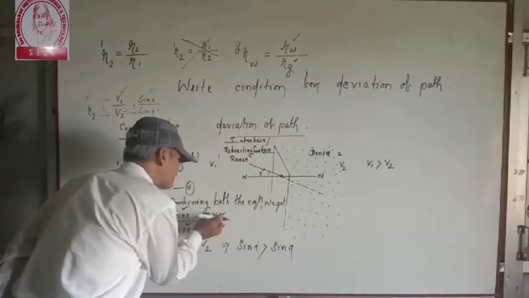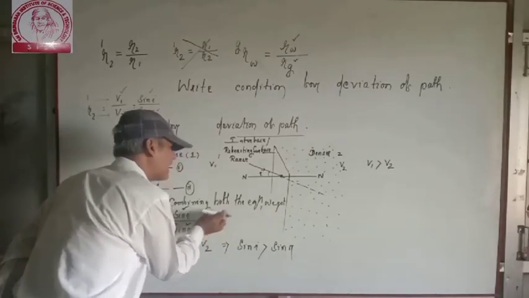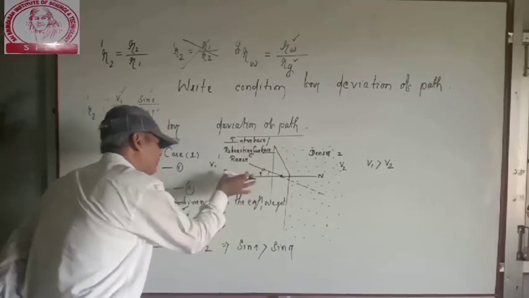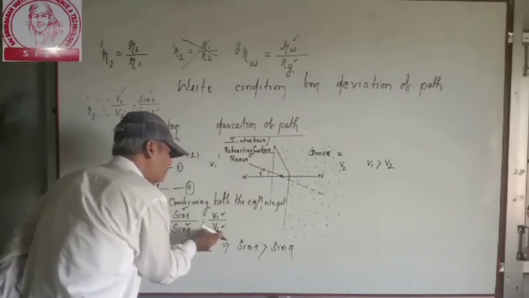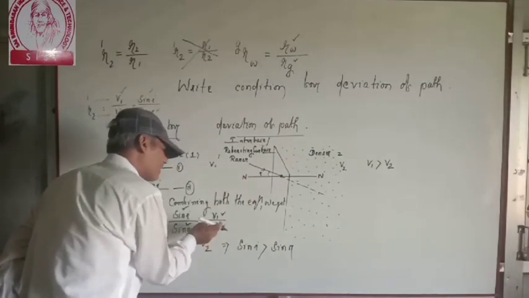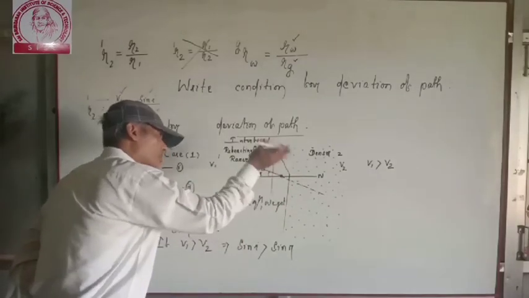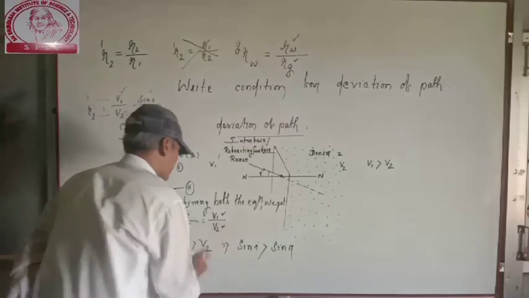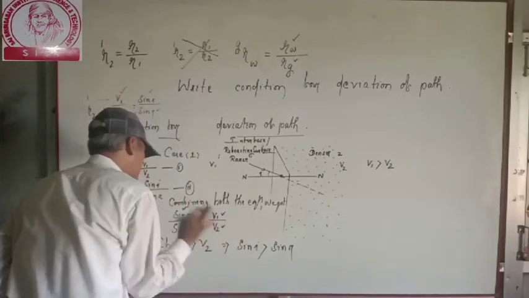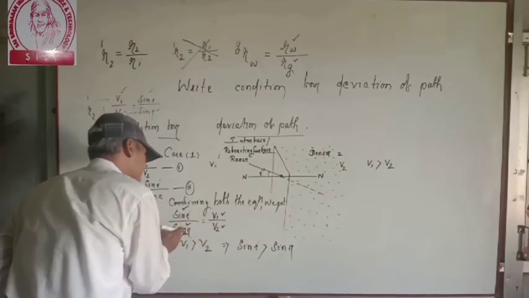V1 is the velocity of light in rarer medium, and V2 is the velocity of light in denser medium. So V1 is greater than V2 means sin I is greater than sin R.